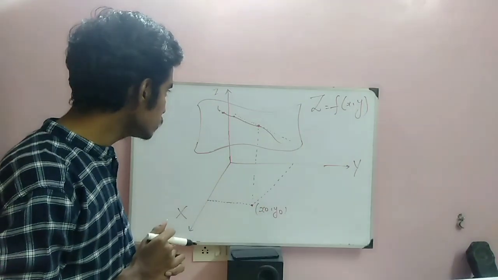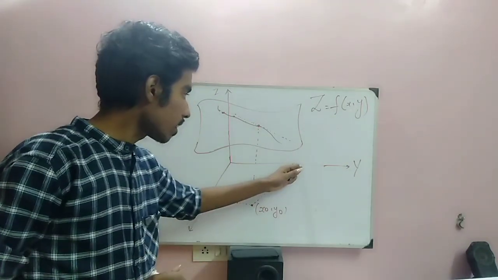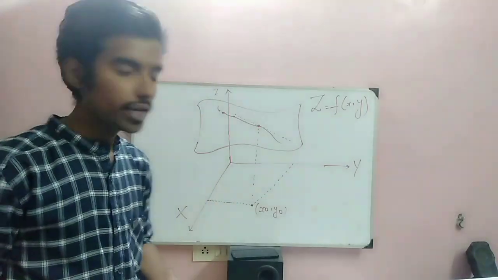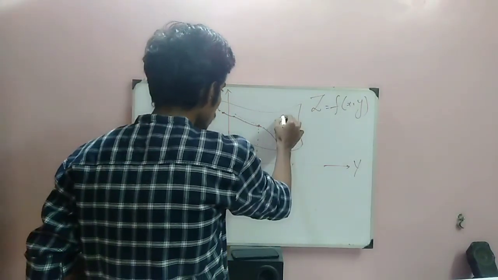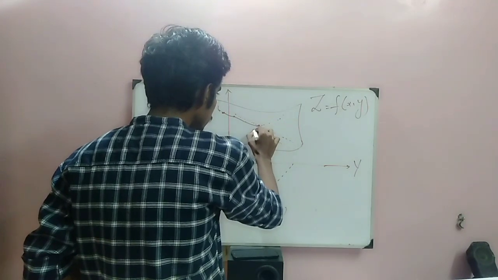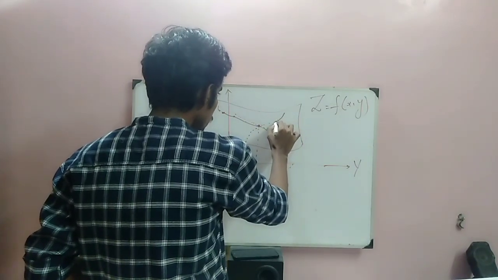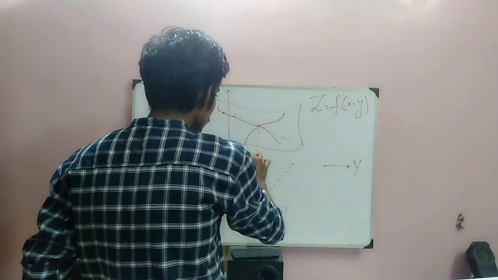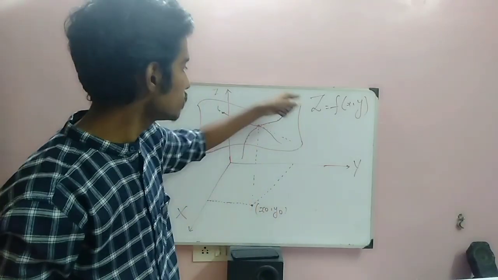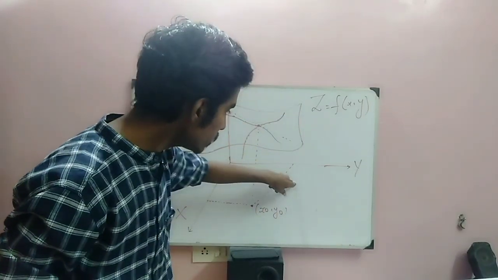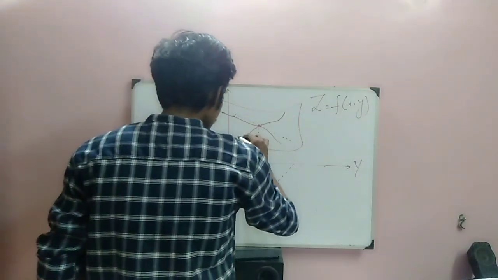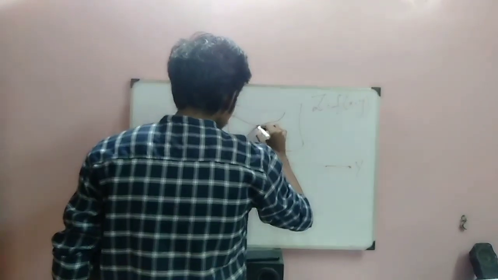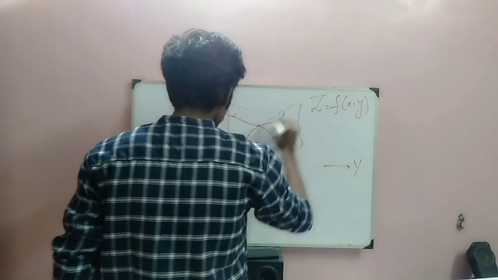Now I am going to fix y naught and vary x naught. Let us say our function value is somewhere around here. So this is our new function now, and this curve is obtained by fixing y naught and changing x naught. What will be the tangent line for this point? It will be around here, right?